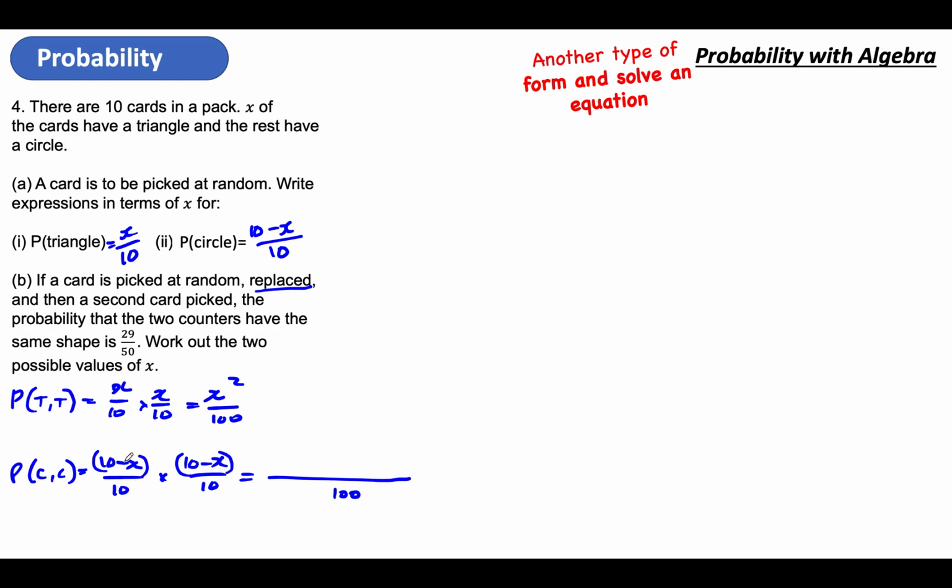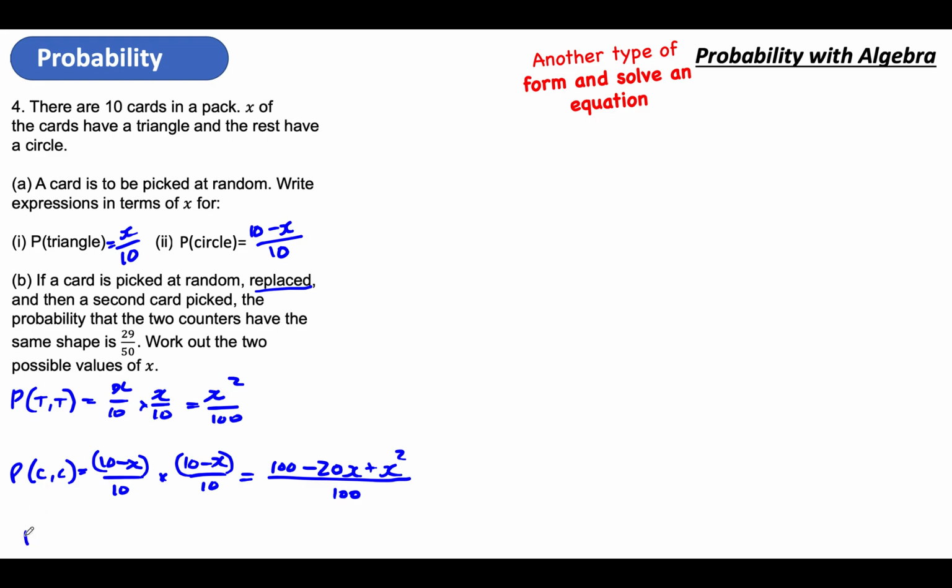You are expanding double brackets. Now I'm going to go straight to the simplified version here. You might want to do it in a couple of steps and then write it down, but you should have got 100 take away 20x plus, and remember it's plus because it's negative x times negative x, plus x squared.